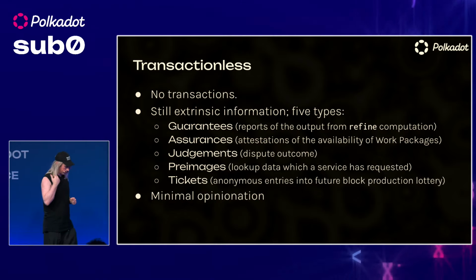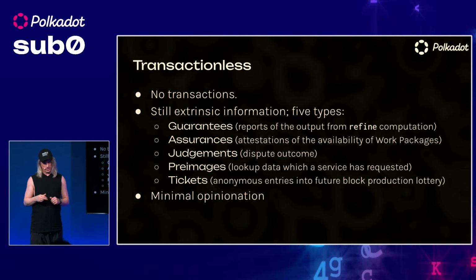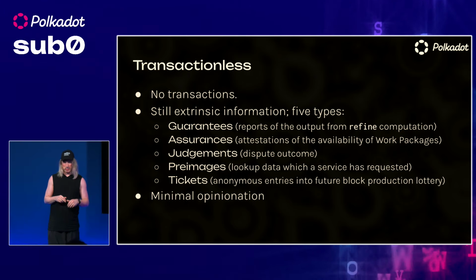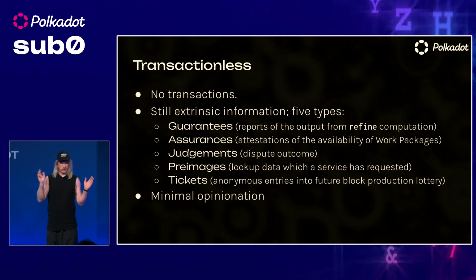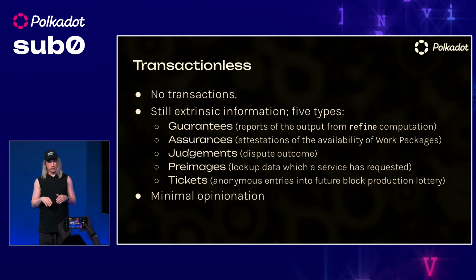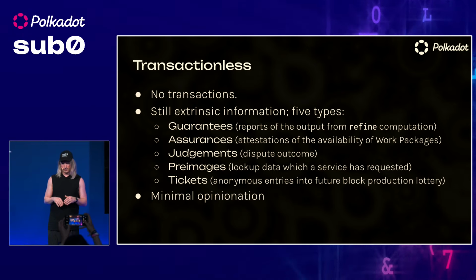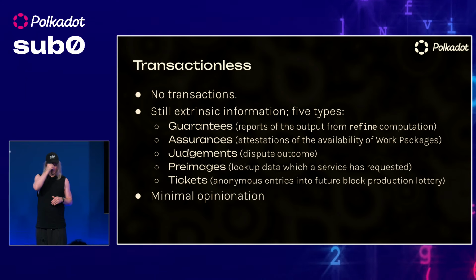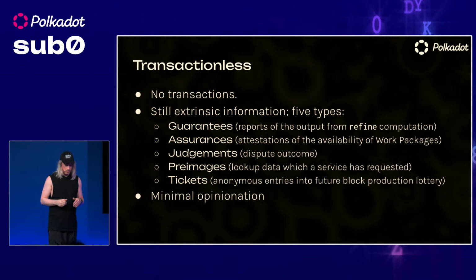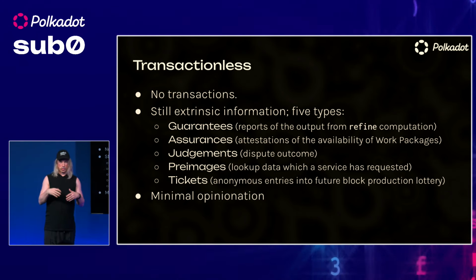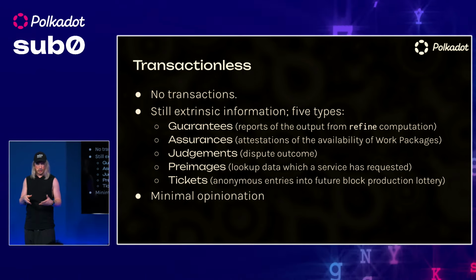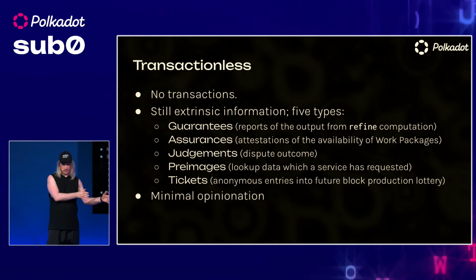Now, how does it differ from a smart contract chain? Well, it's transactionless. This is actually how JAM differs from, as far as I know, every other blockchain. There are no transactions in JAM. Everything that is permissionless input first goes through a refine stage.